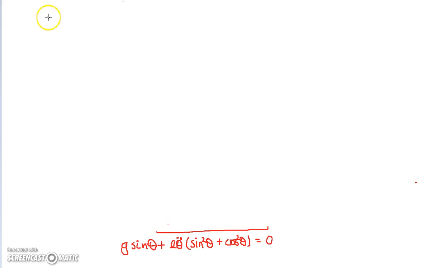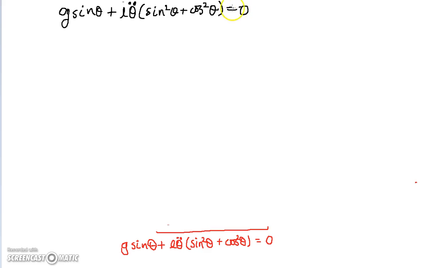Okay, so we have g sine theta plus L theta double dot sine squared theta plus cosine squared theta equals 0. I'll just get rid of this stuff on the bottom as well.